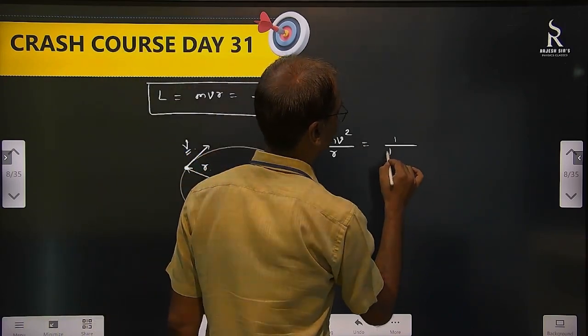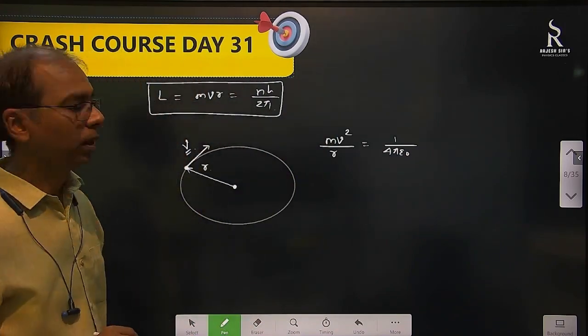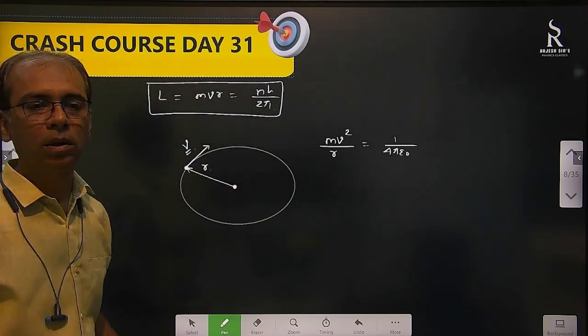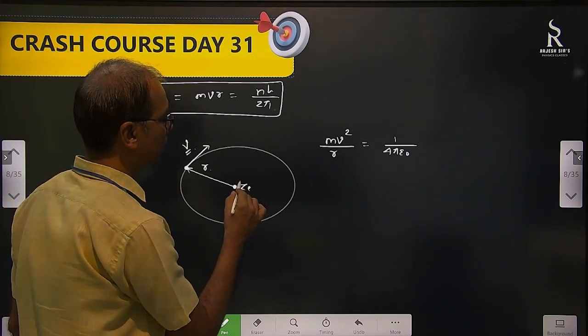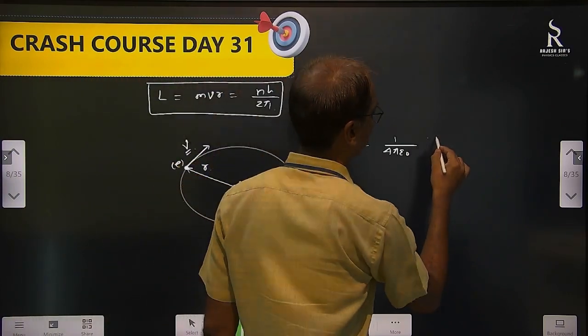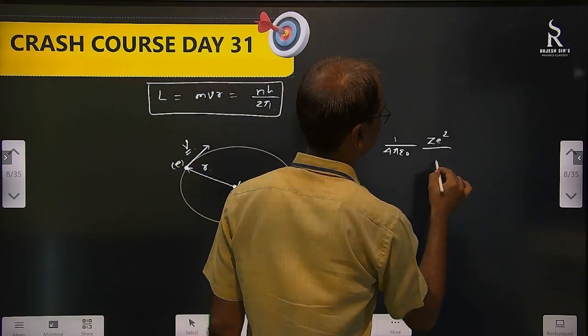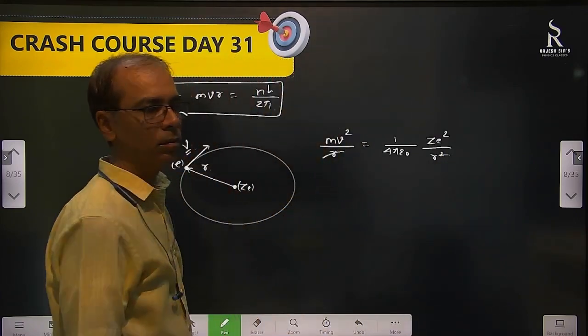So 1 by 4 pi epsilon naught. Now how many protons are there that are going to attract this electron? Say Ze, and here the charge is e, so Ze square by r square. One r gets cancelled, so we get the value of mv square.